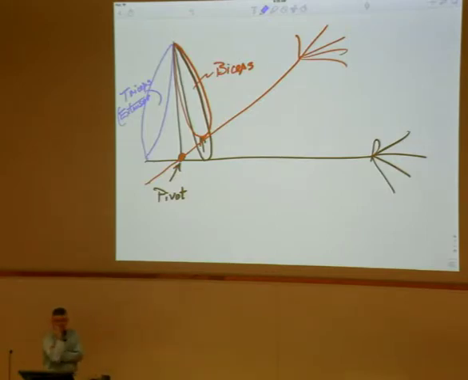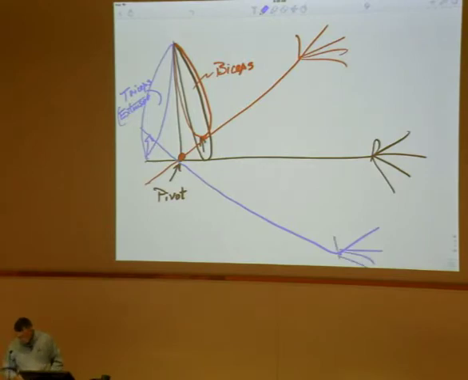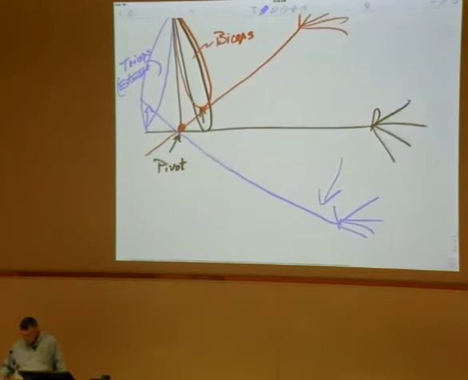A flexor is making a narrower, smaller angle. So if you pulled up on the triceps, that would move your arm in the opposite direction. Okay? So hopefully that makes sense to you.